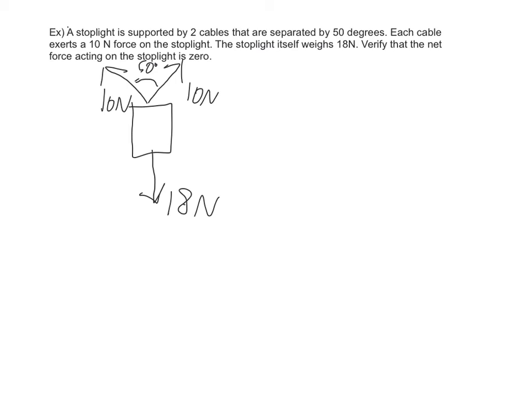Now I will need to break those two cable forces into components, because if I go with a typical coordinate system, we can see that neither of those 10 Newton forces line up with solely our x or solely our y axes. So here we go.